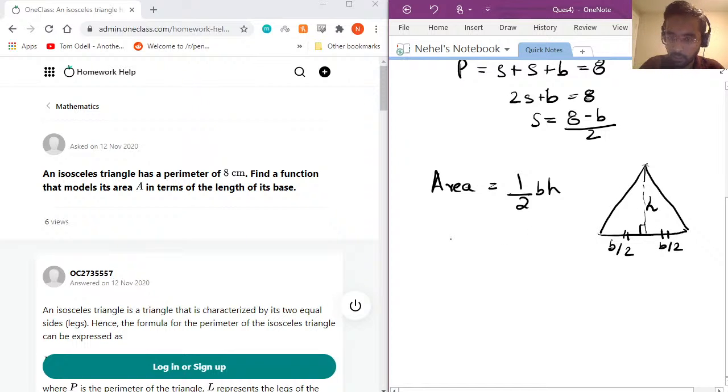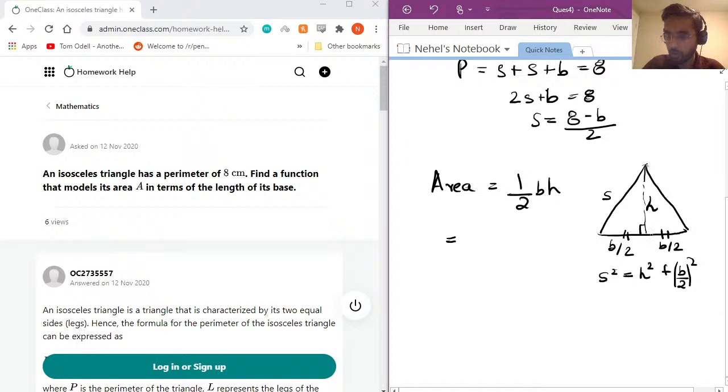Now, to get the h we need to use the Pythagoras theorem, and this side was s. According to the Pythagoras theorem, the square of the hypotenuse for a right angle triangle is equal to the sum of the squares of the two sides. So s squared will be equal to h squared plus b over 2 squared.